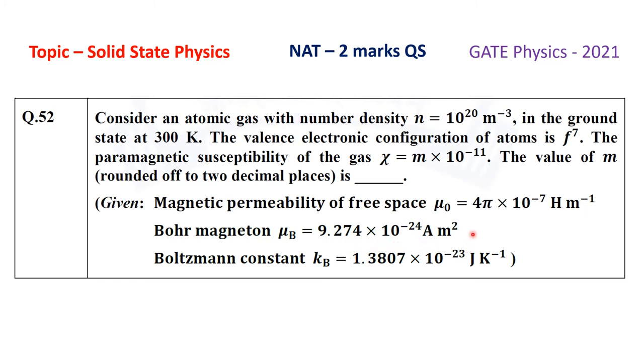The Bohr magneton is the magnetic moment of the elementary charge, that is the electron, which occurs due to the spin or orbital angular momentum of that electron. And the Boltzmann constant kB equals 1.3807 times 10 to the power minus 23 joule per Kelvin. So we have to use this information to solve this question. So let us see how to solve this problem.